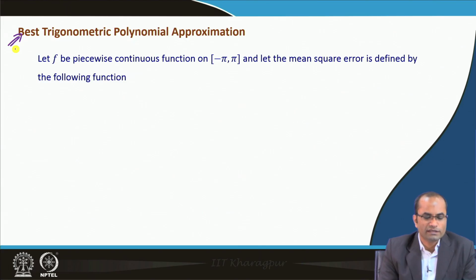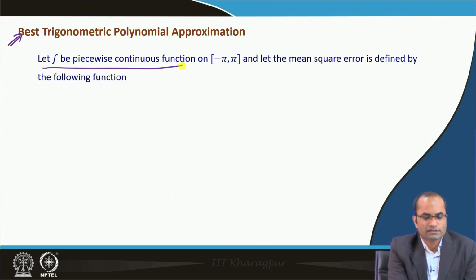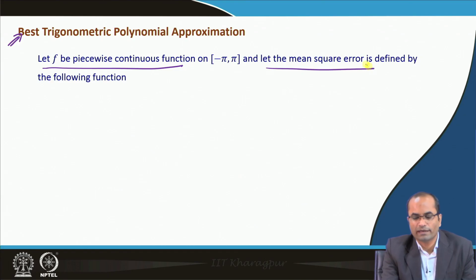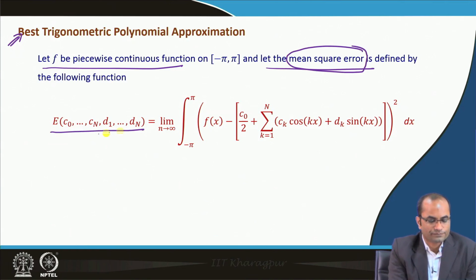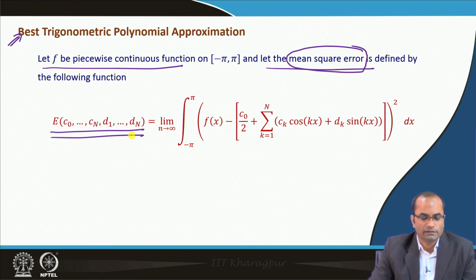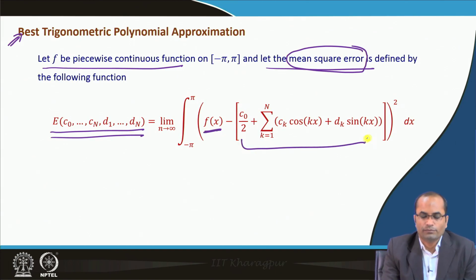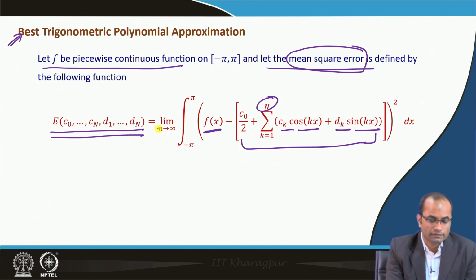Here there is a very nice result: if f is piecewise continuous, let the mean square error, defined with this function E, be the mean square error between f(x) and a trigonometric polynomial, c naught by 2 plus the sum of c k cos k x plus d k sin k x, where k goes from 1 to N, with N a capital N.